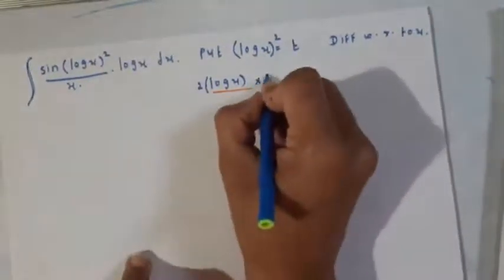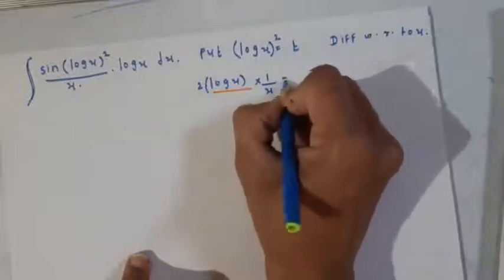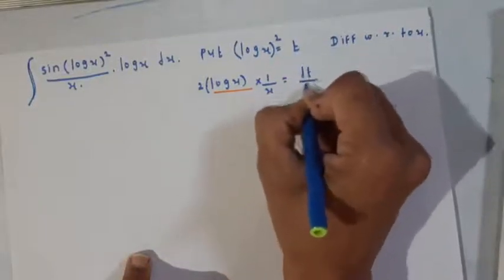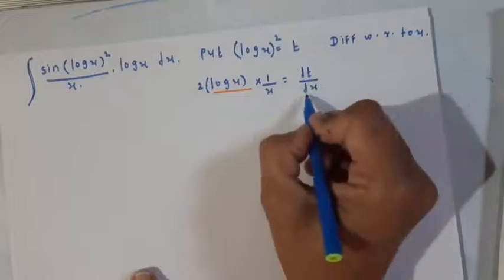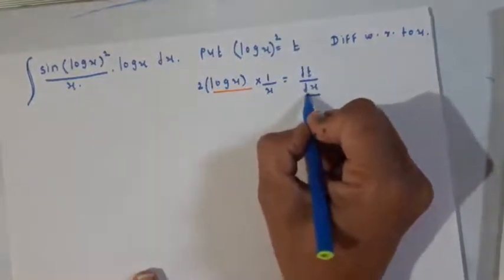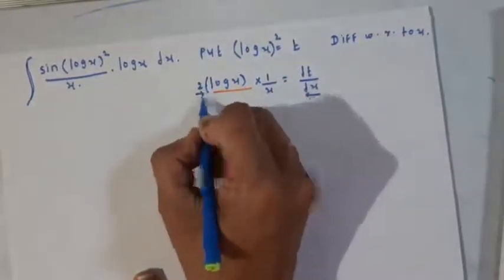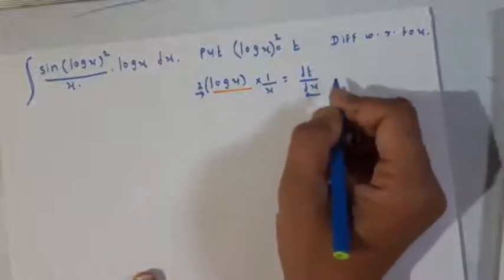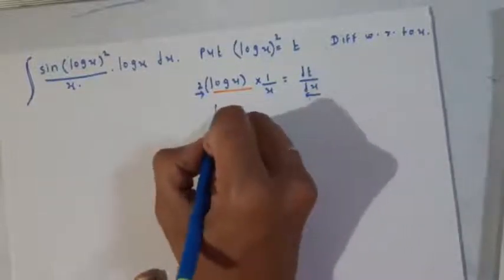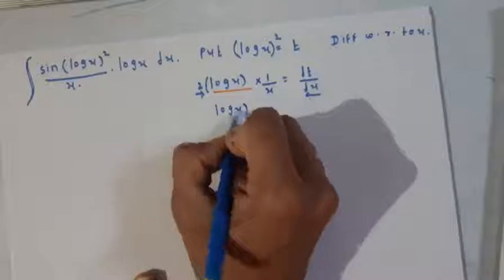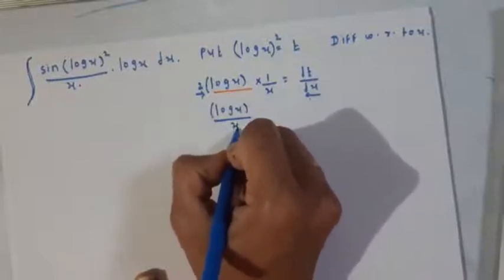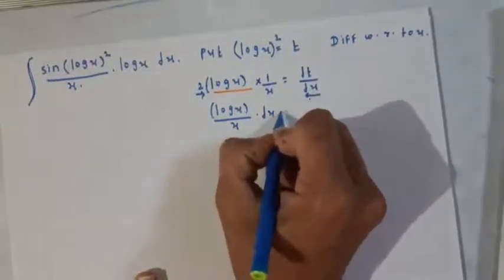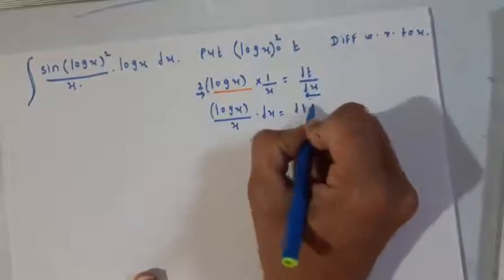Again differentiation of log of x is 1 upon x, into 1 upon x, and this is dt by dx. Now shift the term dx to that side and 2 to the other, that is RHS. You will get log of x upon x into dx equal to dt by 2.